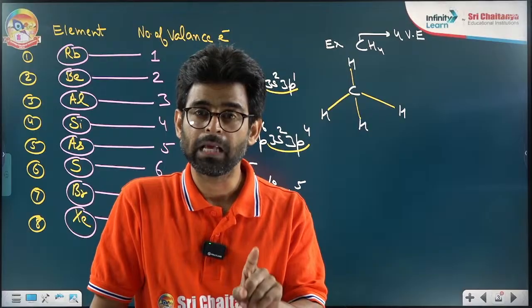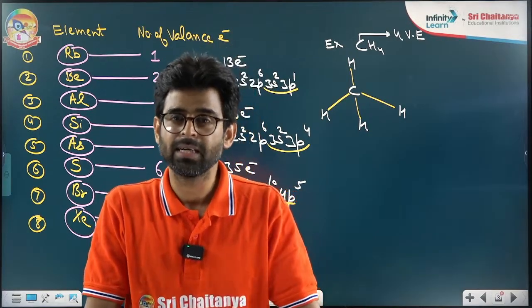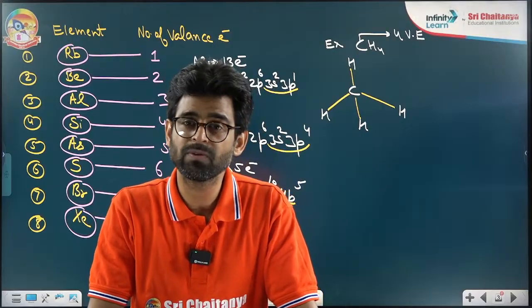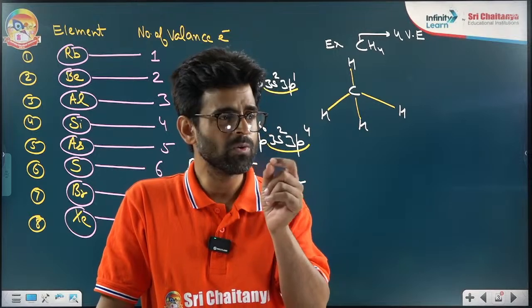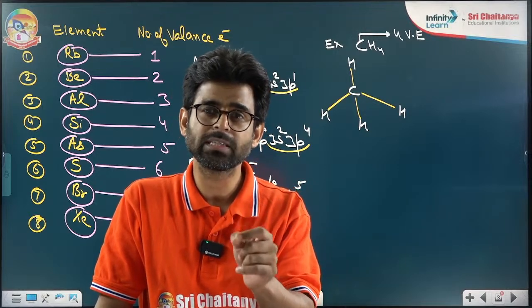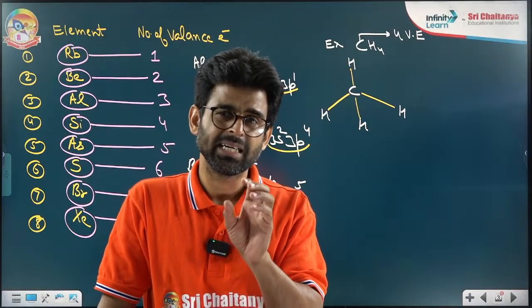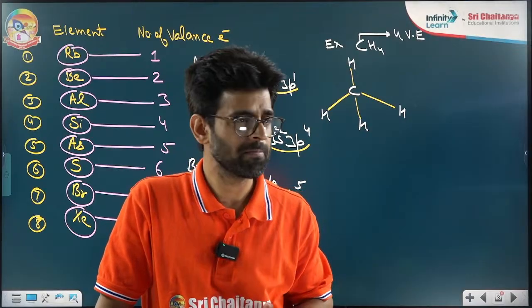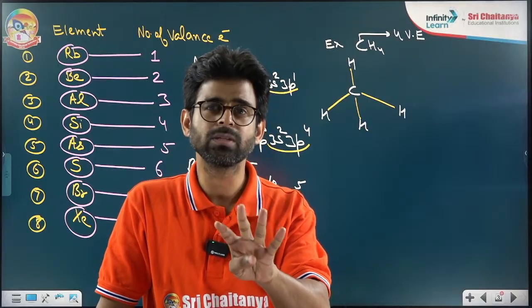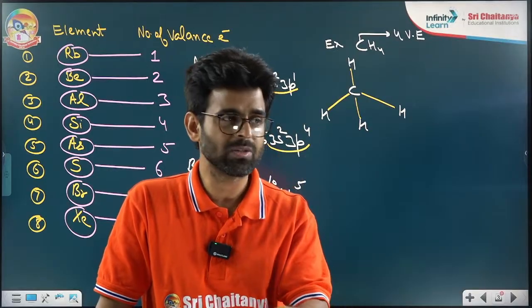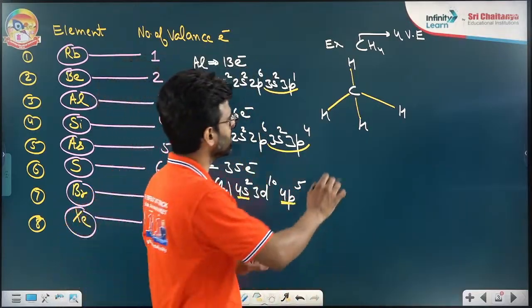Clear? Carbon was having 4 valence electrons, and in making 4 bonds, carbon already used all its 4 valence electrons. Is there any electron left on carbon?